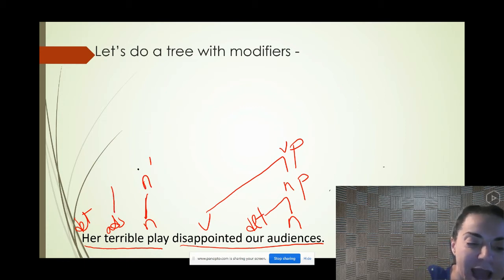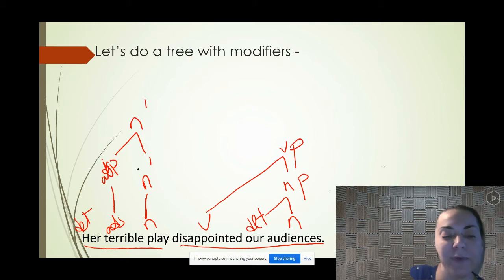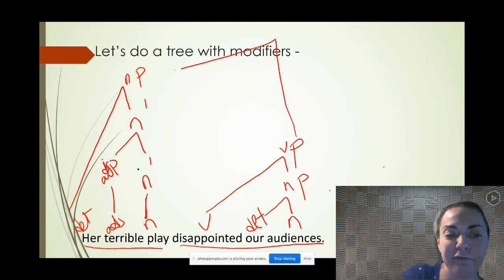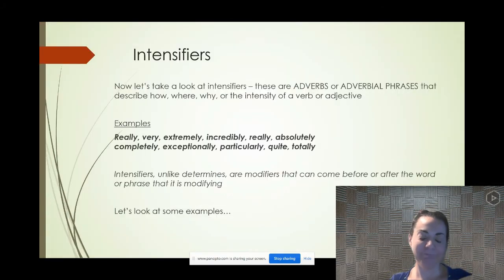Then we need to bring our adjective up to be the adjective phrase. Then we connect terrible and play, not the noun phrase completely yet. That's another noun bar. Then we add our determiner of her to get our noun phrase. Now we can connect our noun phrase and our verb phrase for our sentence.